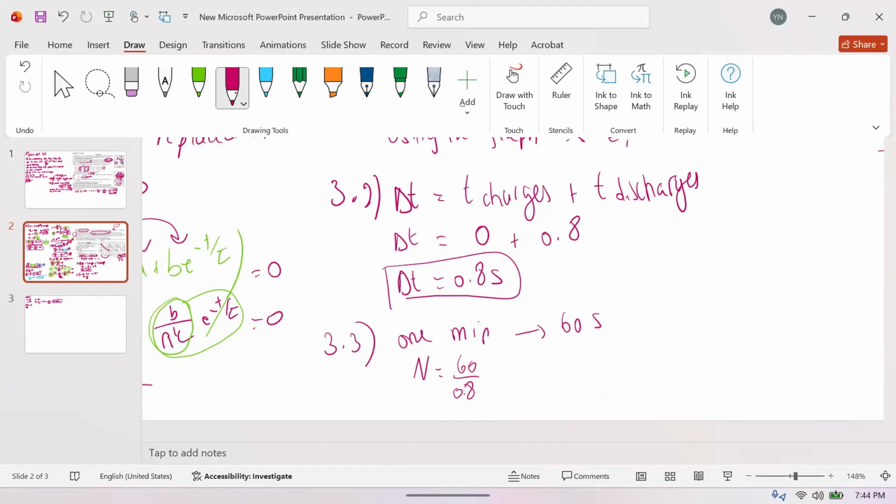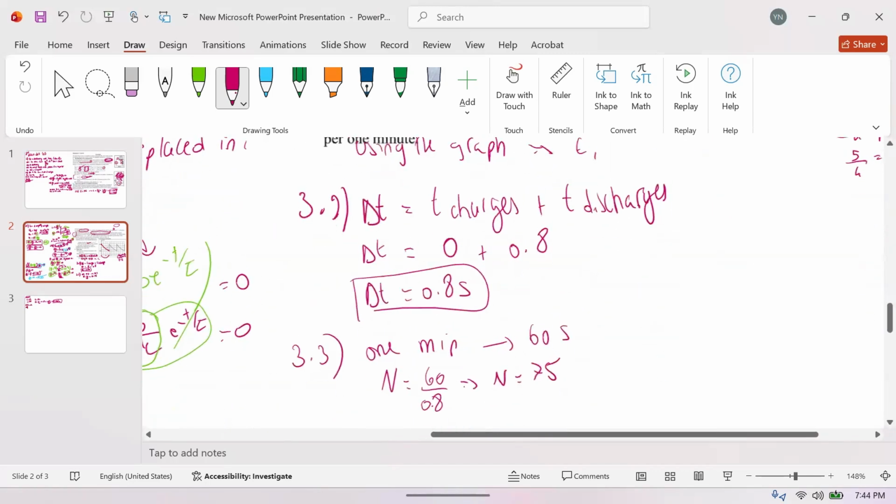How many times are we doing that? How many times are we finding a heartbeat, again and again in 1 minute? So it should be 60 over 0.8, which is 75 heartbeats. Okay.